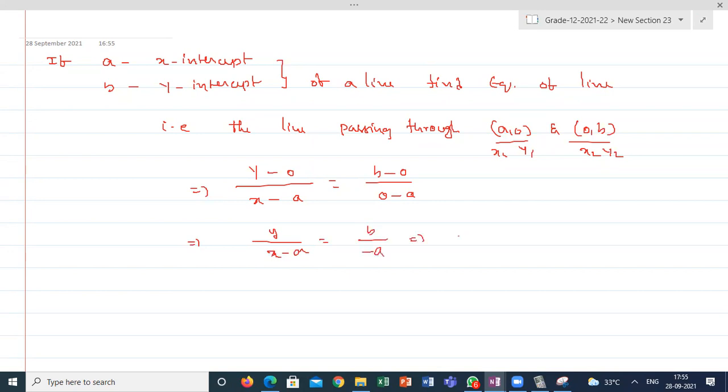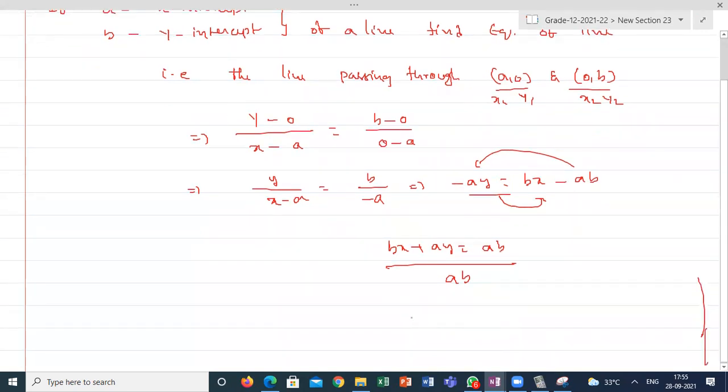Cross multiplying, minus ay is equal to bx minus ab. Taking ay this side and constants that side, bx plus ay is equal to ab. Dividing the whole equation by ab, I'm getting x by a plus y by b is equal to 1. This is the intercept form of a straight line.